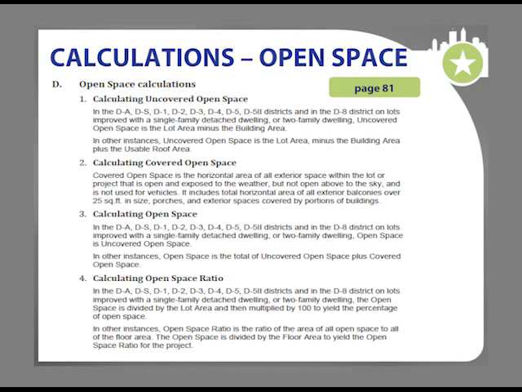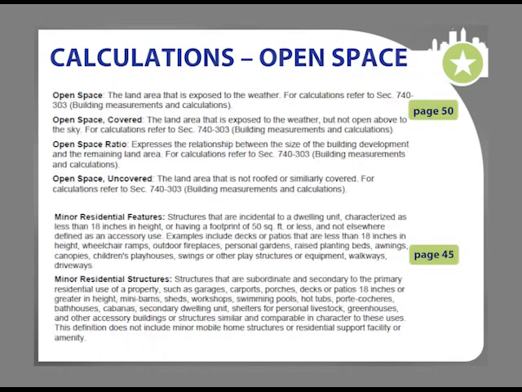So in item 4, we say in these districts, you calculate the open space by subtracting any covered area from the total lot area, and then divide by the lot area, and that gives you your open space ratio. I'll show you an example a little later that'll help clarify that. All of these formulas have key definitions.